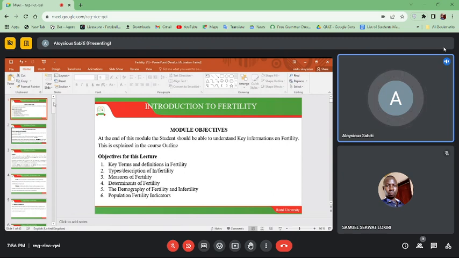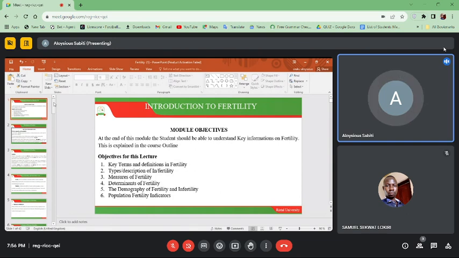that the student should be able to understand the key terms and the definitions in fertility, but also should be able to describe the different types of fertility and infertility. Thirdly, the student should be able to understand the different measures of fertility.